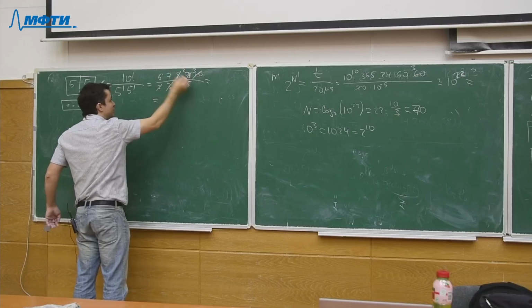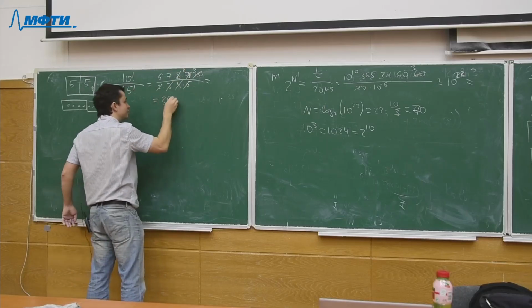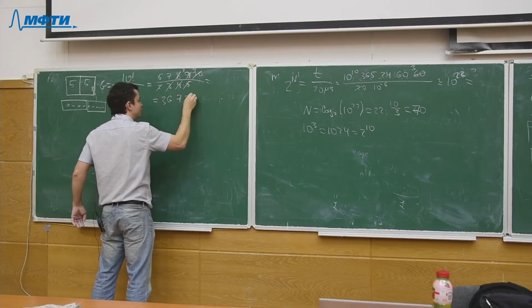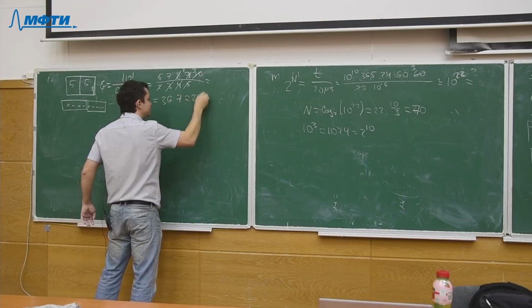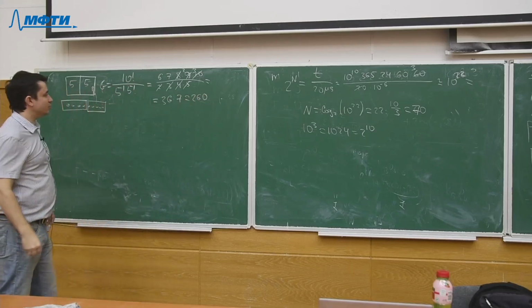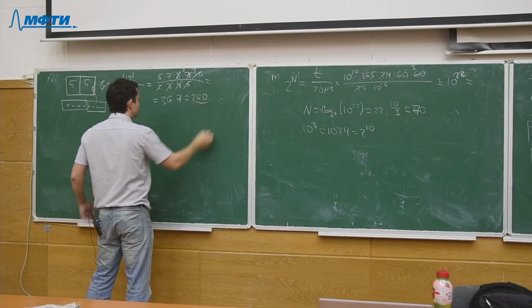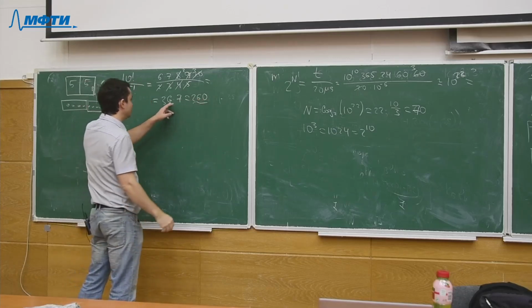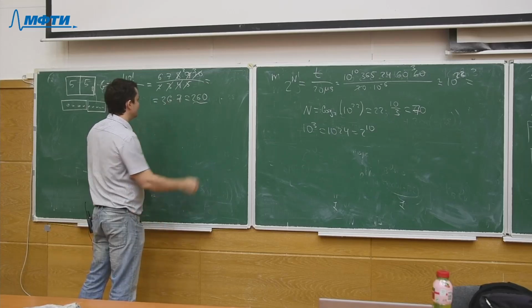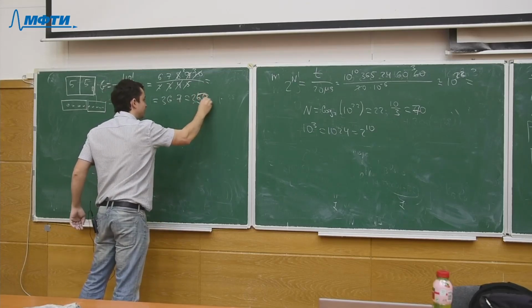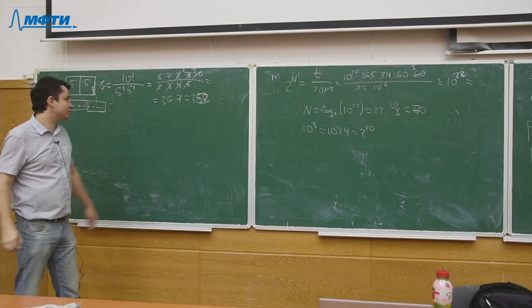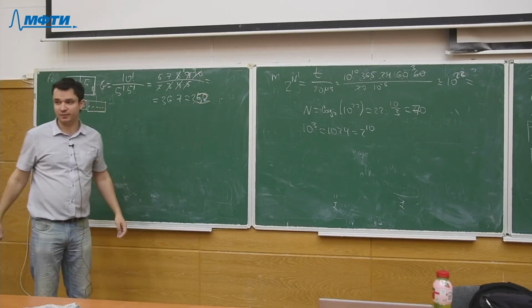So 6 by 6 by 7, 36 by 7, approximately 260 something, or probably 70. So that's the statistical weight. Well, of course, this should be calculated rigorously, and the rigorous calculation gives you 252.